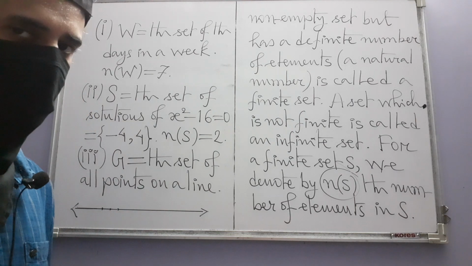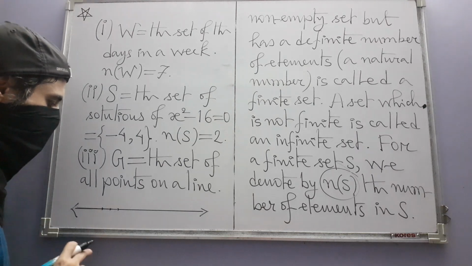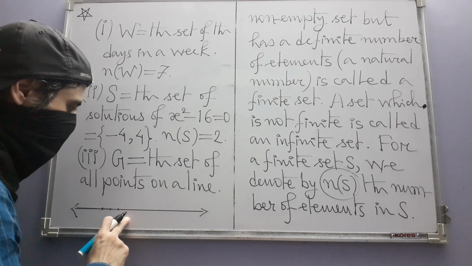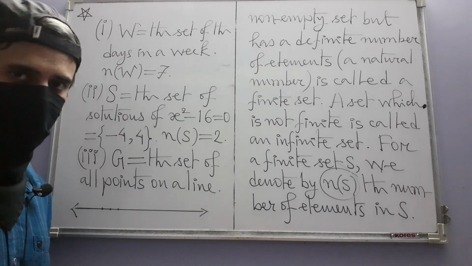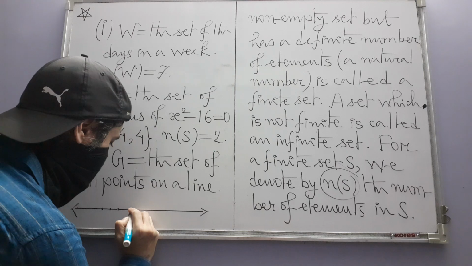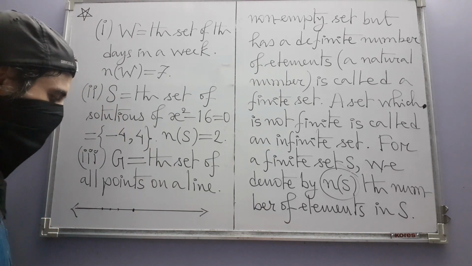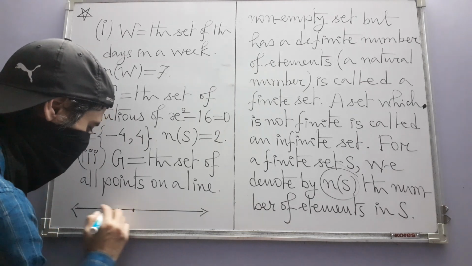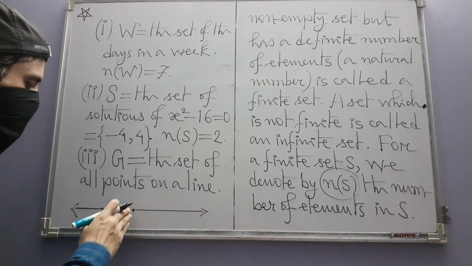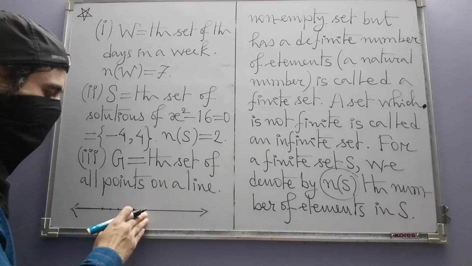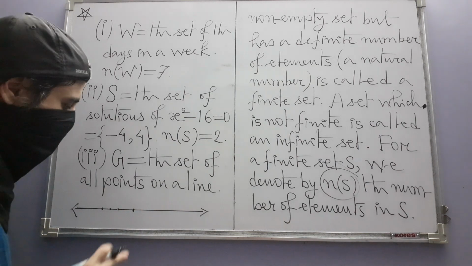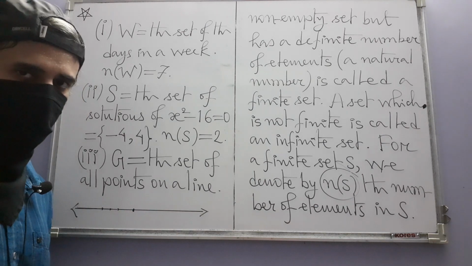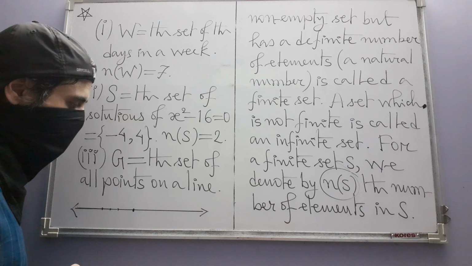Can it be finite? No. Why? Because if you start your counting process, will that counting ever come to an end? Just think about it. Say you take this point for some reason and decide to count the points on this line. What will be the next point? You immediately find difficulty in this task of counting, because the next point can be any point other than this point on the line.